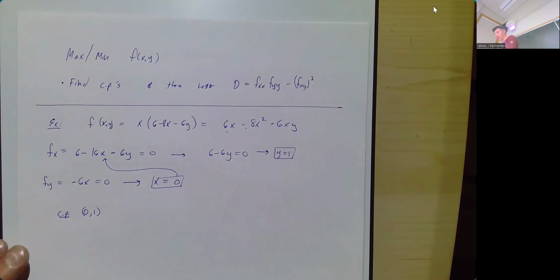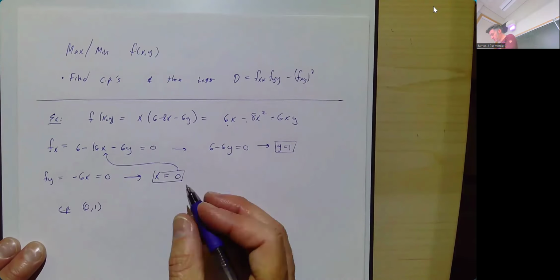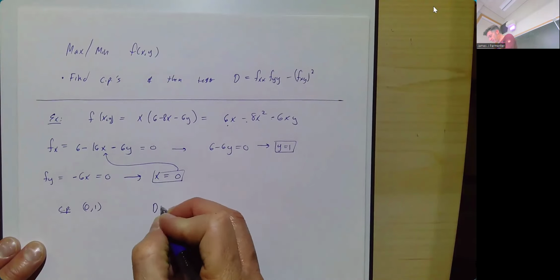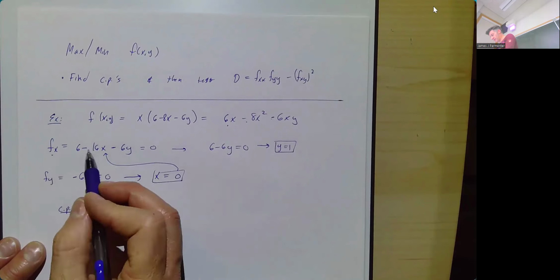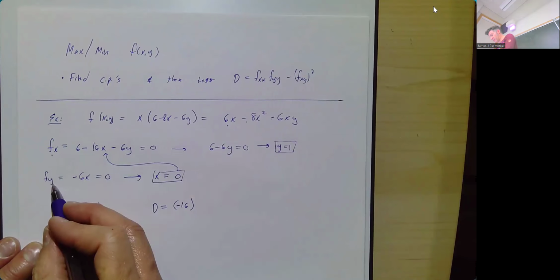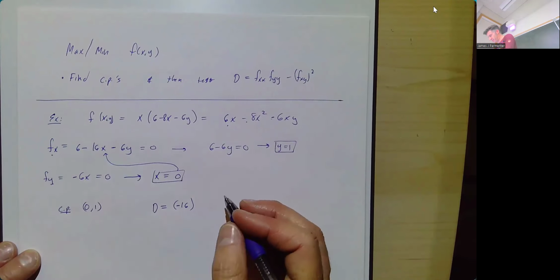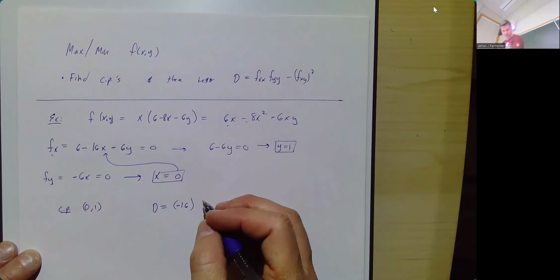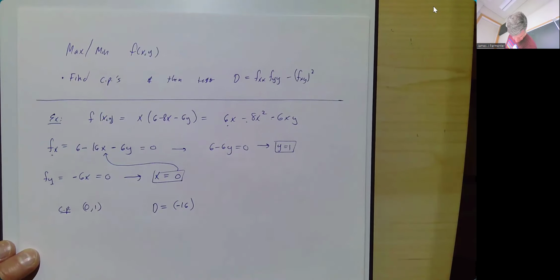And I think D is going to be relatively easy to calculate here. Let's see. Fxx is not exciting. It's negative 16. Fyy is also not. Oh, this is going to be interesting. Okay.